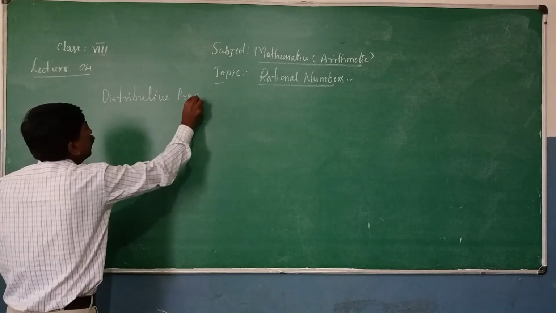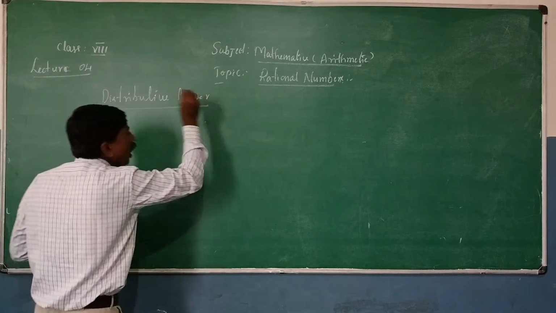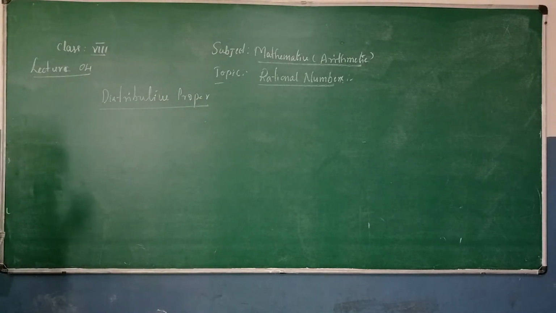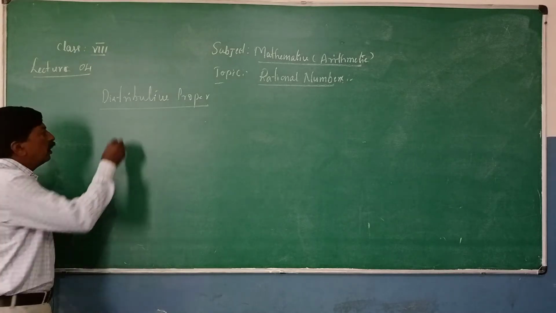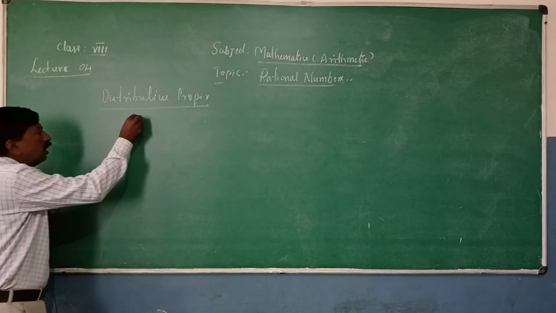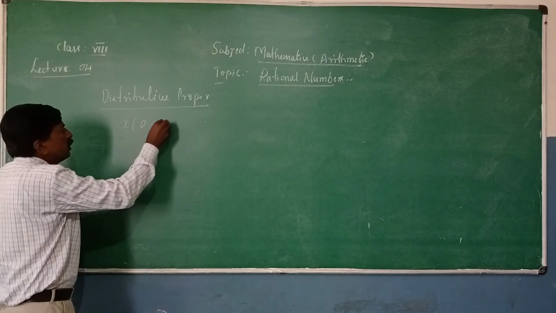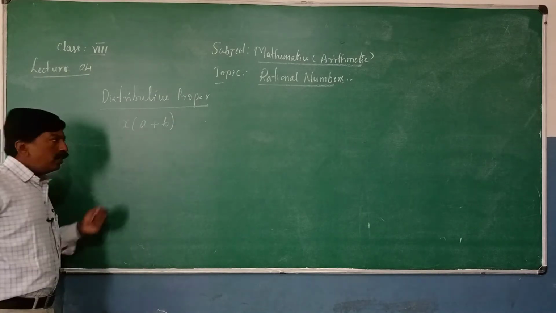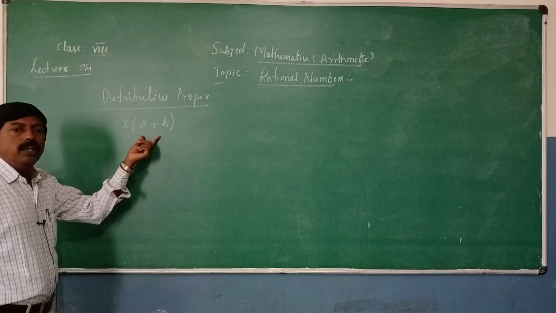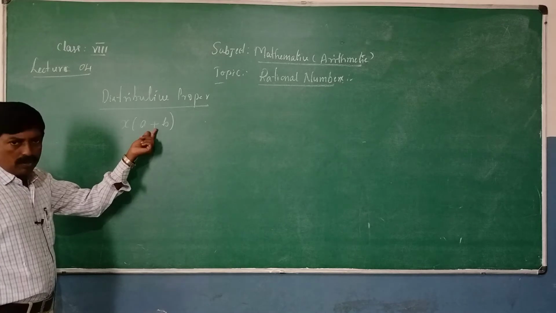Distributive property: addition and subtraction. So observe carefully. x is a monomial. x of a plus b. Here a monomial is multiplied with a binomial, with positive sign.